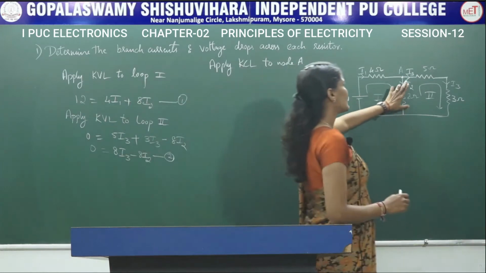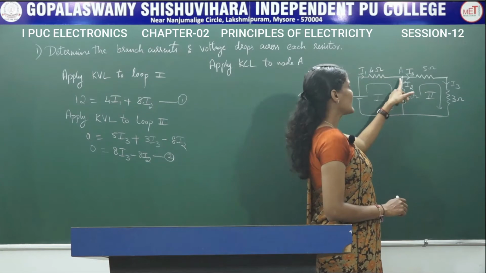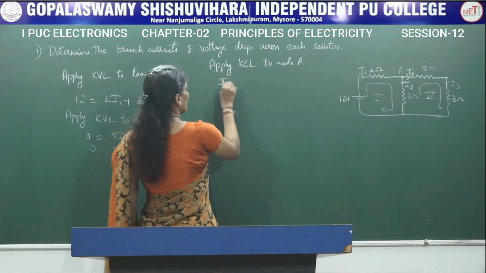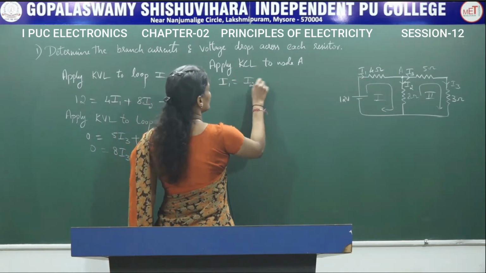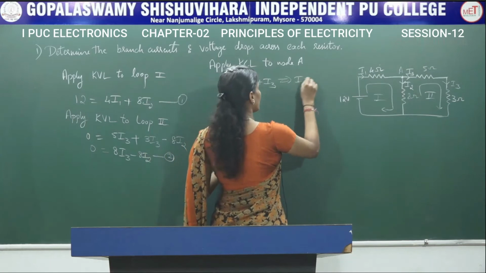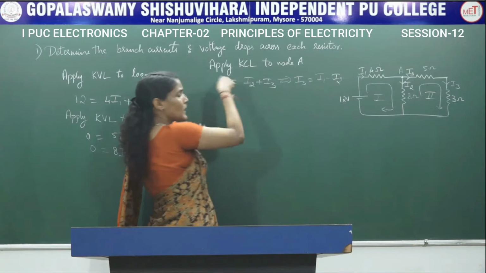The current entering is just I1, and the currents leaving that node are I2 as well as I3. So, I1 is equal to I2 plus I3. From this, I3 can be written as I1 minus I2.